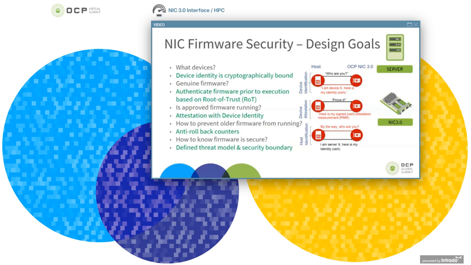You ask the question, you get an answer to a challenge. The challenge comes back with a defined certificate, and that certificate cryptographically defines what devices are in the system. The next step that you typically want to do is to understand the security state of the devices that are inside your NIC or inside your server.